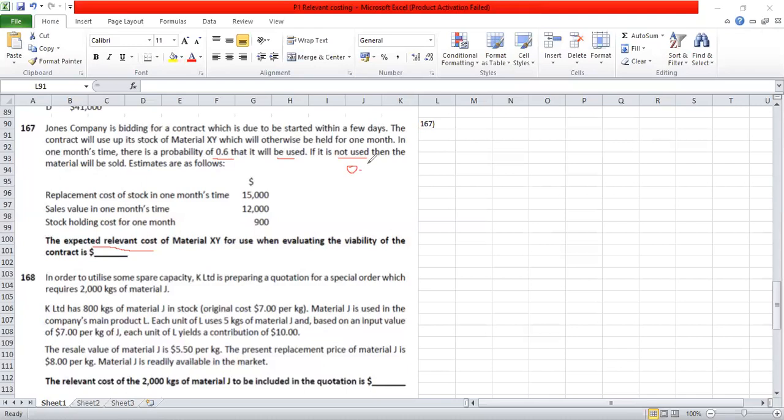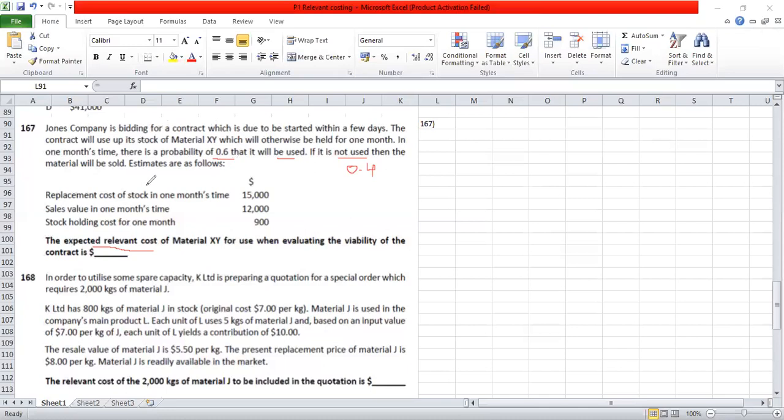The material which was purchased a few days back, the contract will use up its stock of material which otherwise will be held up for 1 month. So they already have that material with them in the stores. For the new contract, there is a chance that they can use this material, and the probability that it will be used, generally, is 60%, not used is 40%.